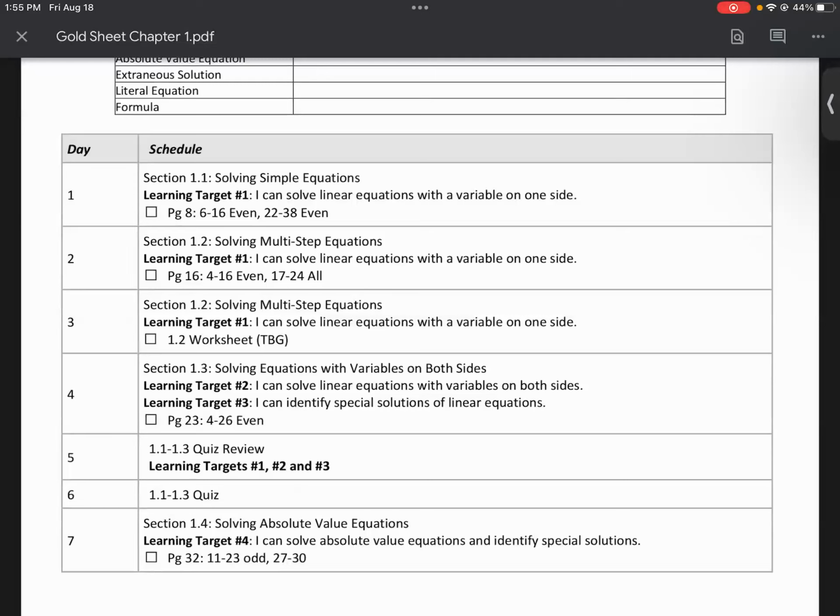Now, page 8, is that from that journal? No, this is from the book. Do you have a book? No. Where do you find page 8? On Google Classroom. Your homework will be on Google Classroom.